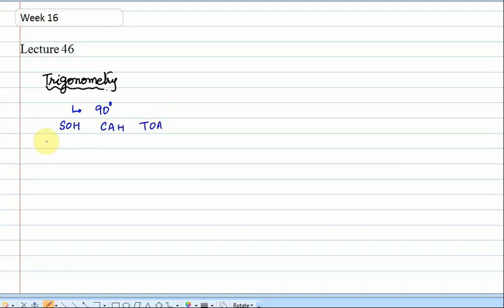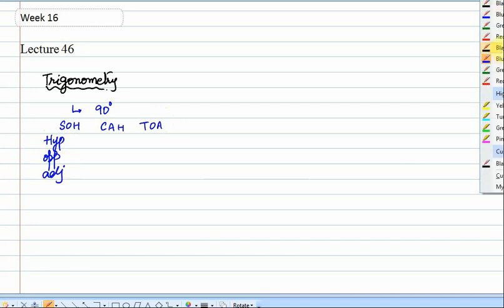And there are three sides, we call them hypotenuse, opposite and adjacent. These are the things that we had learned so far, but now in Addmath we are going to discuss in detail a bit more, right?